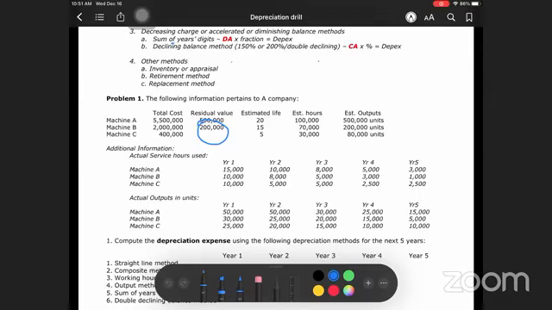For example, if the carrying amount in year 14 is 500,000, then on year 15 the balance should be 200,000. Therefore your depreciation expense is 300,000 on year 15. That is how you adjust, and you can adjust on the last year.